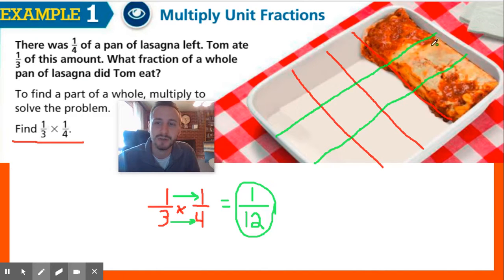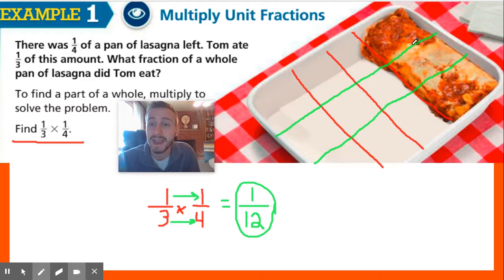So if you see with the green line, I split this whole pan up into thirds. Here's a third, here's 2/3, here's 3/3. So let's count these mini squares that we have. We have 1, 2, 3, 4, 5, 6, 7, 8, 9, 10, 11, 12. So a whole pan of lasagna, when I split them up this way into fractions, makes 12 pieces.